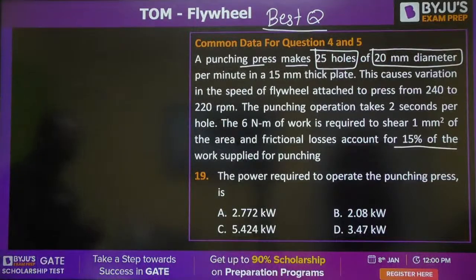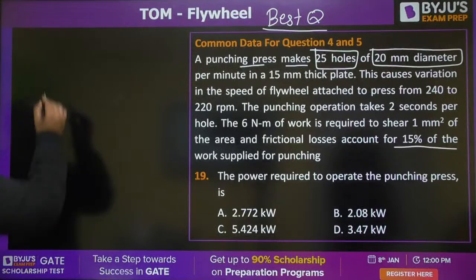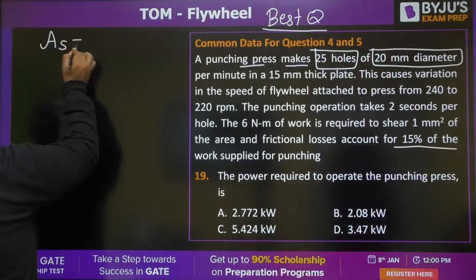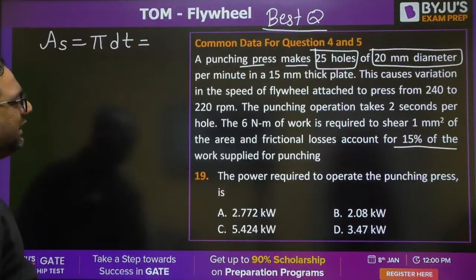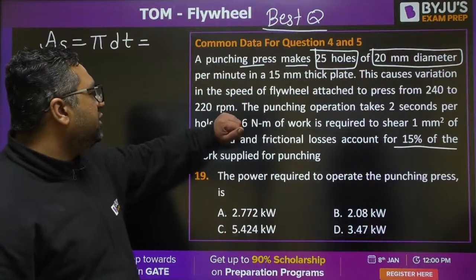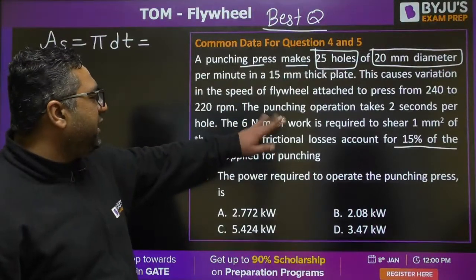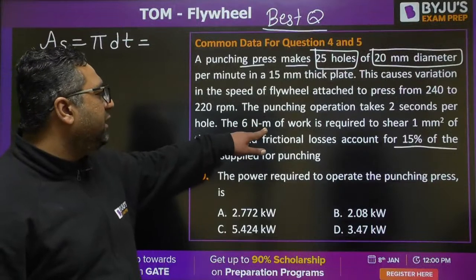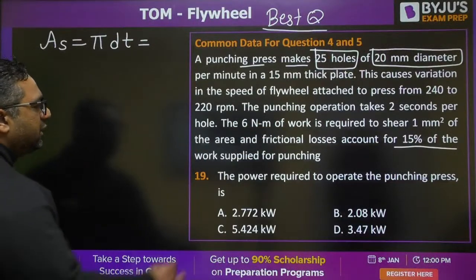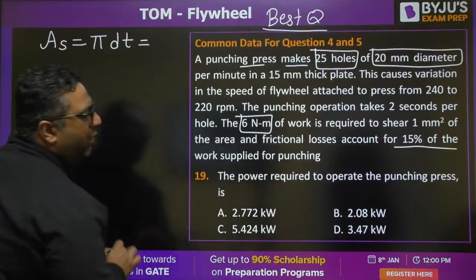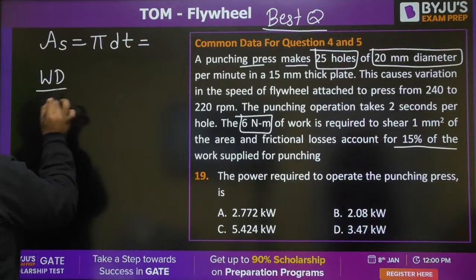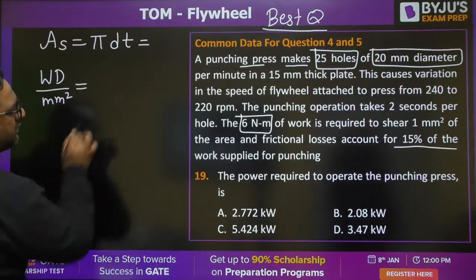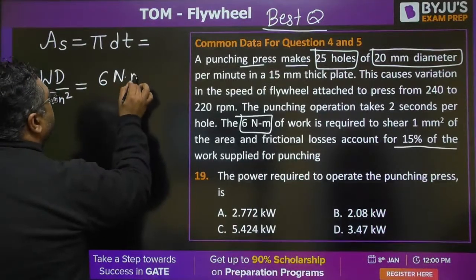Okay. So if you see this, first of all, you know that we need to find out the shear area, which is pi dt. You can find it out. Then they are saying that this causes variation in speed. The punching operation takes 2 seconds per hole. 6 Newton meter of work is required for 1 mm square. So work done per mm square is given as 6 Newton meter.